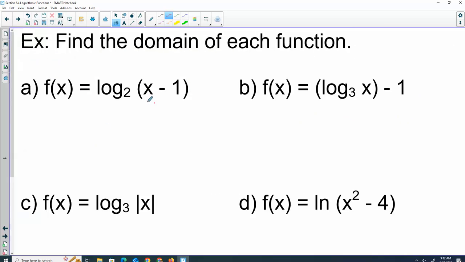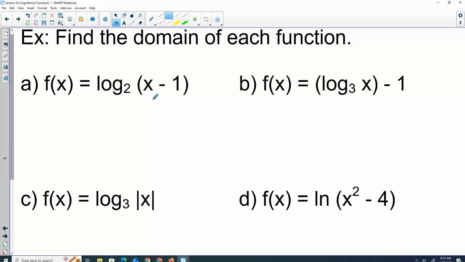So if I want the domain of this, my argument, x minus 1, has to be greater than 0. So that means x is greater than 1.